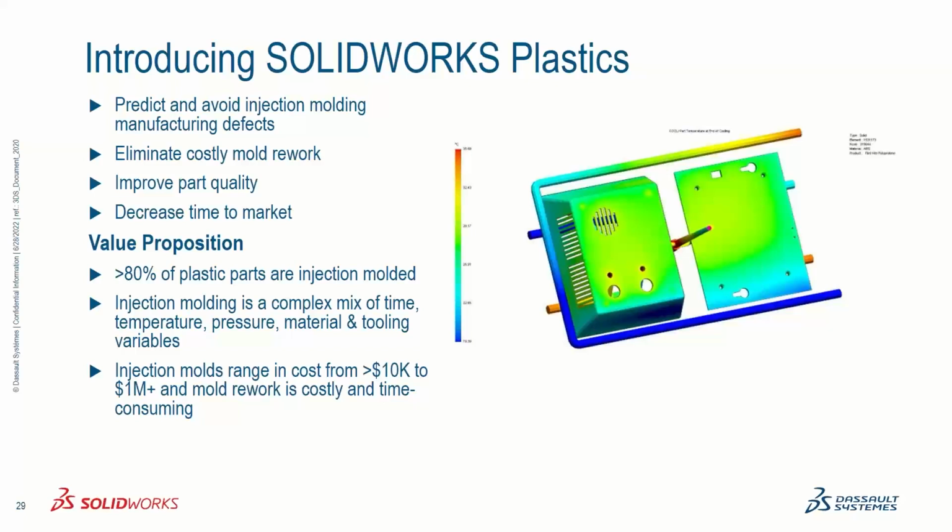It's a complex mix of time, temperature, pressure, material, and tooling variables. The injection mold itself can be very expensive, costing anywhere from tens of thousands of dollars to hundreds of thousands of dollars, even across $1 million, meaning mistakes can be very expensive and time-consuming to fix.